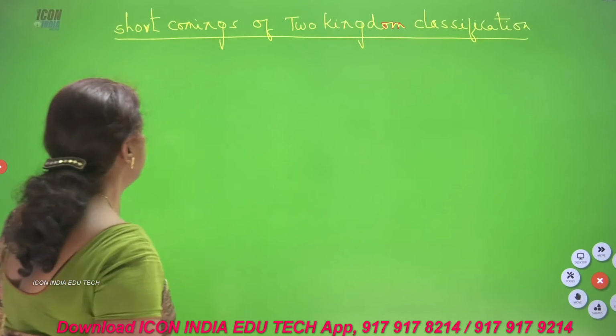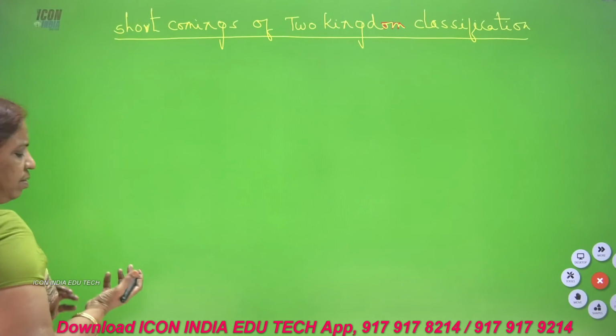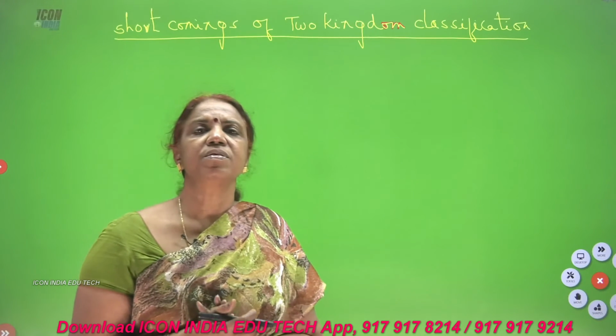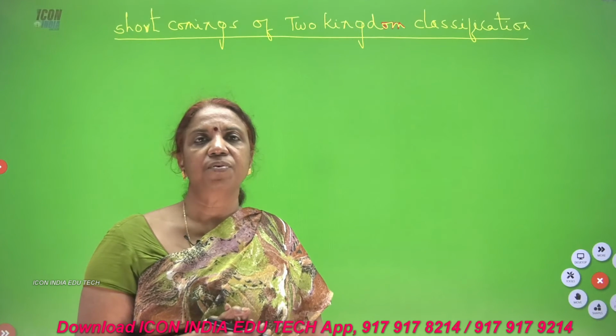The classification of plants and animals is very easily done, and we can easily understand it.